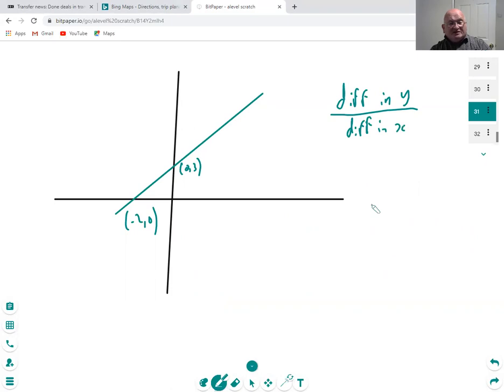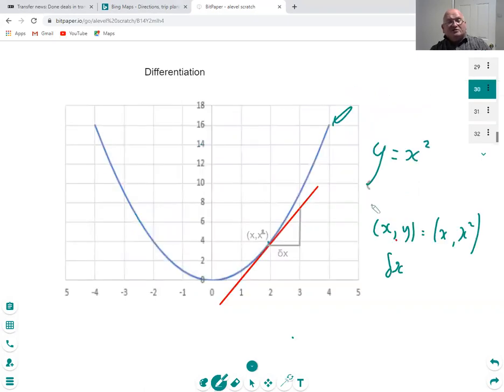Well, in this case, that's 3 take away 0 over 0 take away minus 2, which is 3 over 2. So the gradient of this line is 3 over 2. And it's 3 over 2 across the whole line, because it's a straight line, it's going up at a constant rate. So in this case, it's not going to be a constant everywhere, but we can still work out a formula for it.